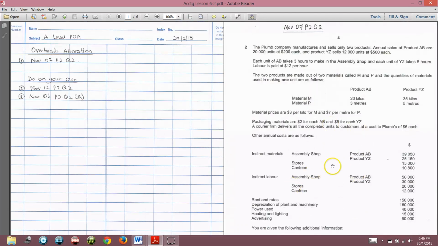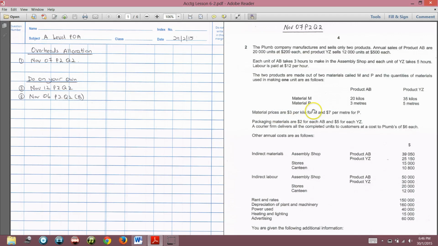You see the other annual costs. So material price and packaging material, these are the direct materials.